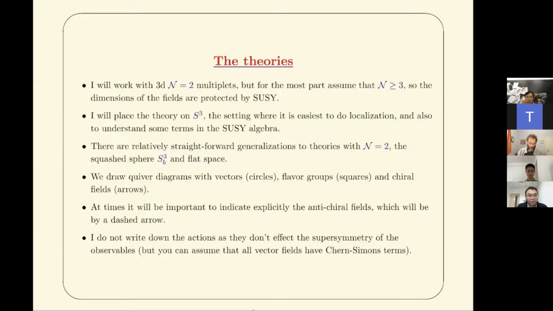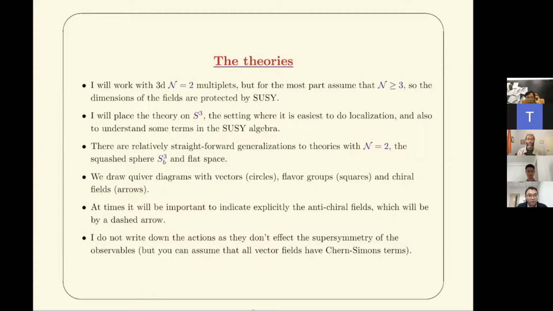In the quiver diagrams, I will use the standard notations where the vector multiplets are circles. Now, for those not familiar with 3D n=2, that is essentially the same amount of supersymmetry as 4D n=1. So we have the vector multiplets, we have flavor groups, which are squares, and we have the chiral fields that are arrows.